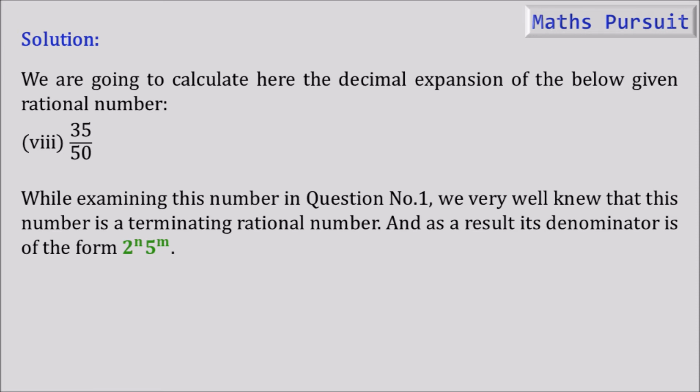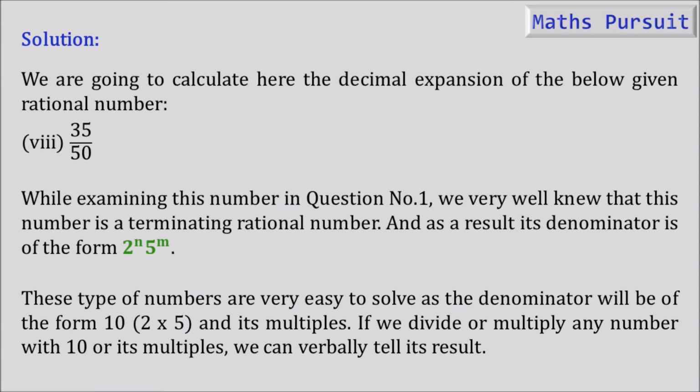Moving further, these types of numbers are very easy to solve as the denominator will be of the form 10, that means 2 into 5, and its multiples. If we divide or multiply any number with 10 or its multiples, we can verbally tell its result. We already know that its denominator would be of the form 2 to the power n and 5 to the power m, which means the denominator would definitely be 10 and its multiples.